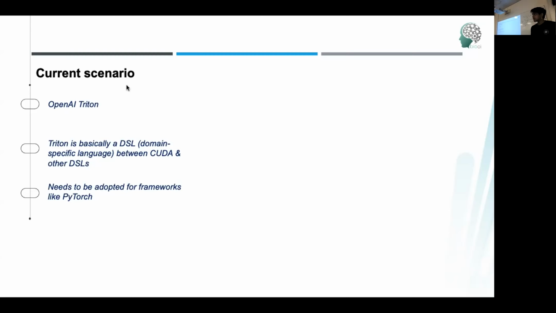And the last thing is that flash attention is still being maintained by just a small group of people, and it would be immensely helpful if it were adopted by larger frameworks like PyTorch or TensorFlow.